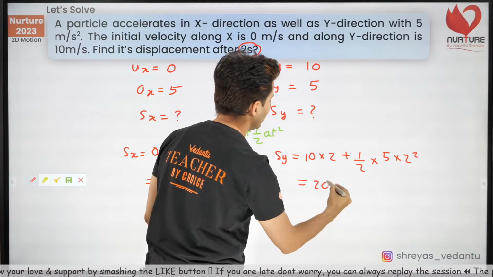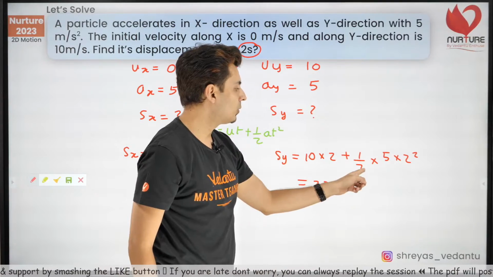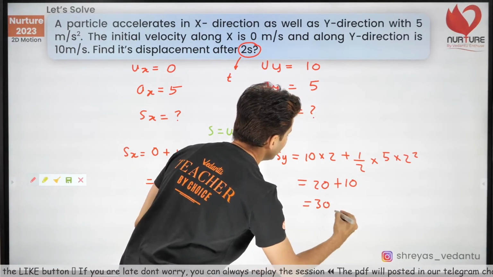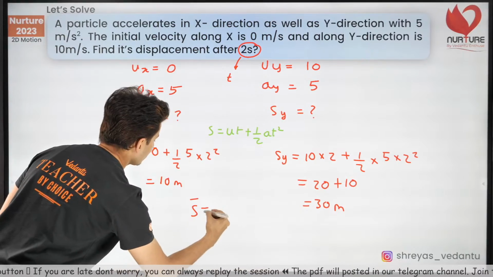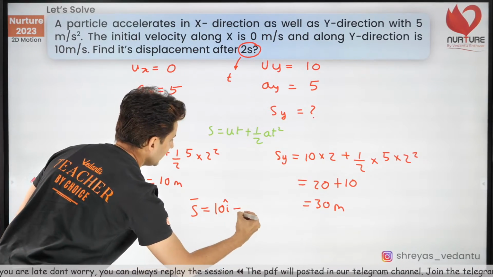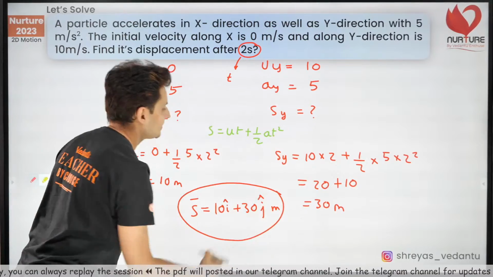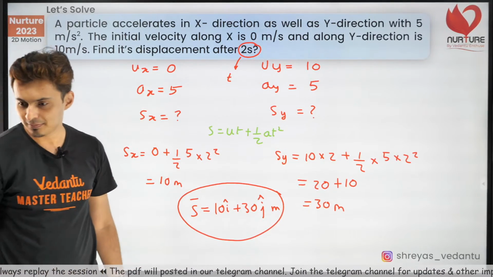This is nothing but 20. This is 2 into 5, which is 10. So that's going to be 30 meters. So the displacement is 10 i cap plus 30 j cap meters. That's the final answer. How many of you got it?